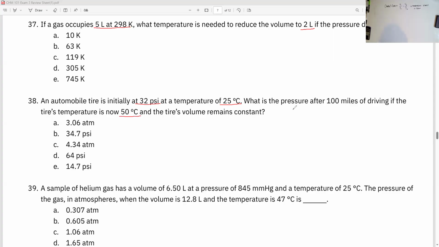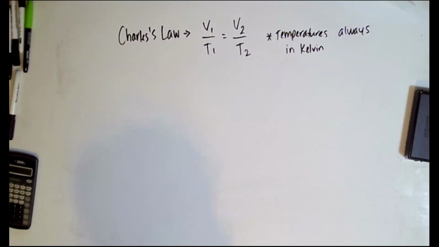That's a different kind of question. So actually, that's not Charles' law. That's the combined gas law. So we'll talk more about that when we get to it. But number 37 is still just Charles' law. Oh, I mean, number 38 is Gay-Lussac's law, rather.